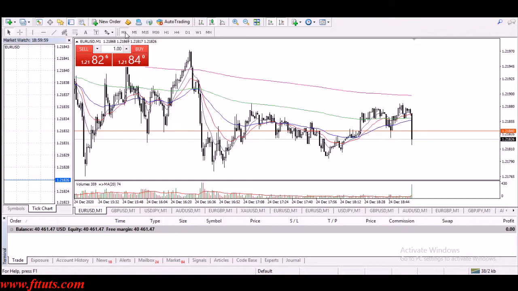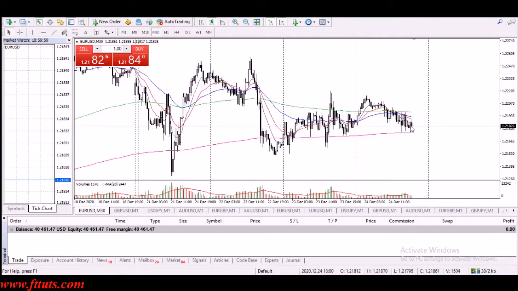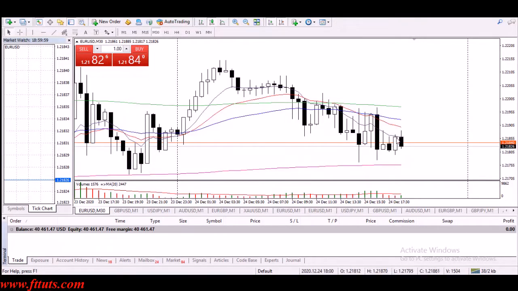Of course, the lower your time frame, the bigger the EMA period you need to reach the equivalent EMA period on higher time frames. So EMA 200 on M1 is EMA 50 on M5, but it is EMA 20 on M30. If you go on M30, that's it, 1.219. It's almost like that. Of course, it's not accurate.